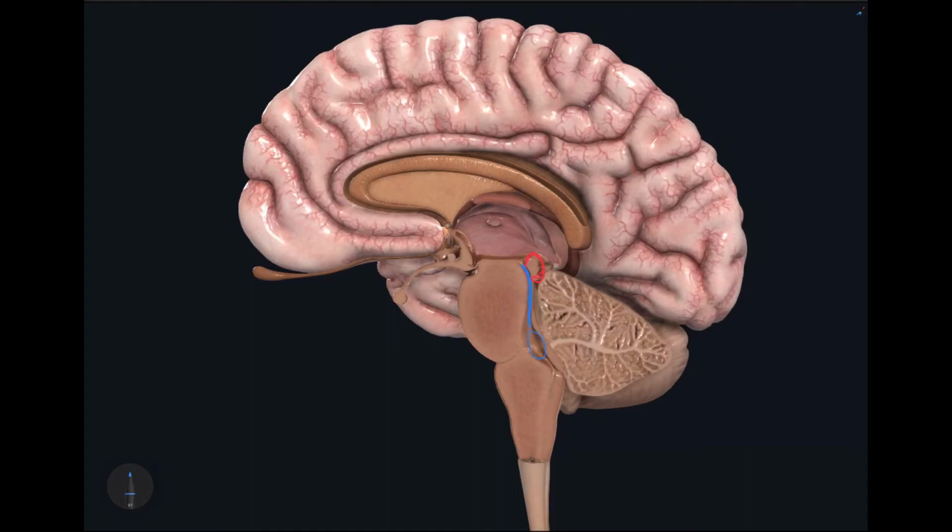This passageway is called the mesencephalic aqueduct. Another appropriate way of naming this passageway is called the cerebral aqueduct. Awesome, and those are all the landmarks that we need to know for the mesencephalon. So let's go ahead and move on to the cerebellum.